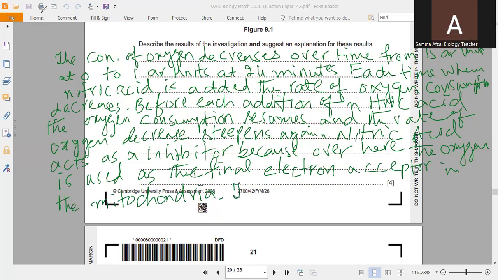This slows down or halts the electron transport chain.